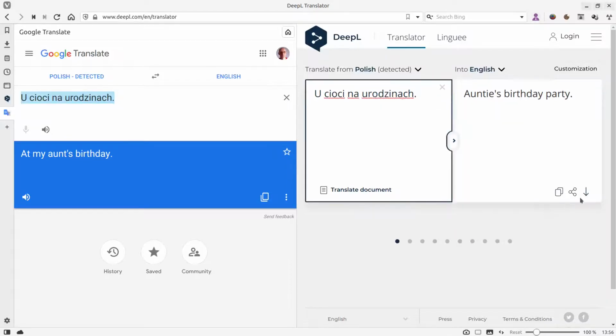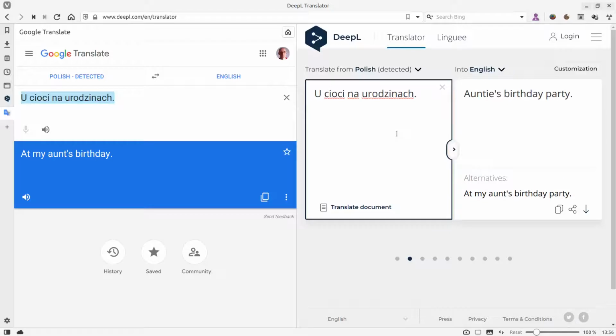Now, where is that alternative? At my aunt's birthday party. Right? So you can see, even with relatively simple sentences and phrases, you will find some errors and some problems in each tool.